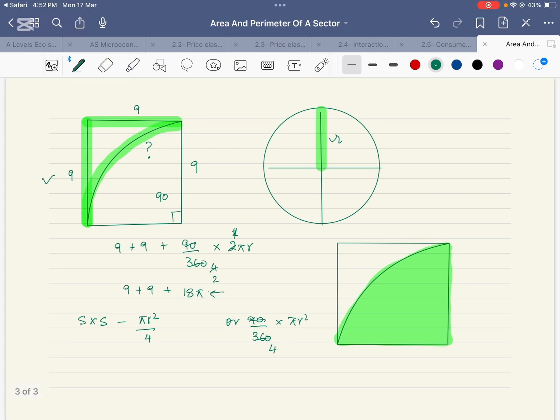So 9 multiplied by 9 is 81 minus r square, radius is 9, is again 81 pi upon 4. You use a calculator and you get the answer. This is how you use the arc length formula, and this is how you use the area of sector formula. But is this a sector? Is a quadrant a sector? Of course it's a sector. It's a pizza slice with a 90-degree angle in it.